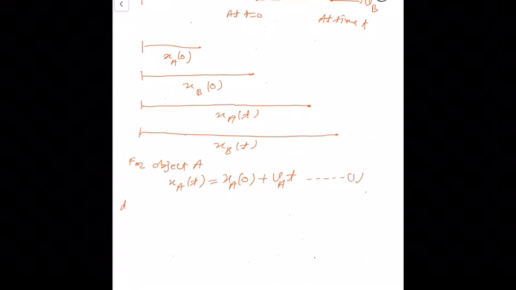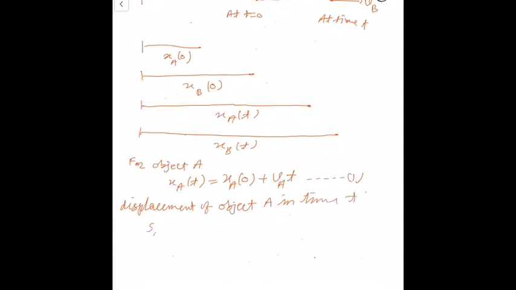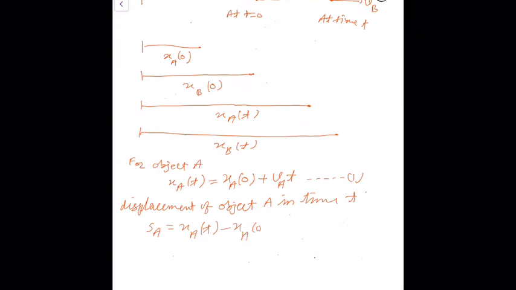Displacement of object A in time t, SA is equal to xAt minus xA0 is equal to VAt. It is equation second.